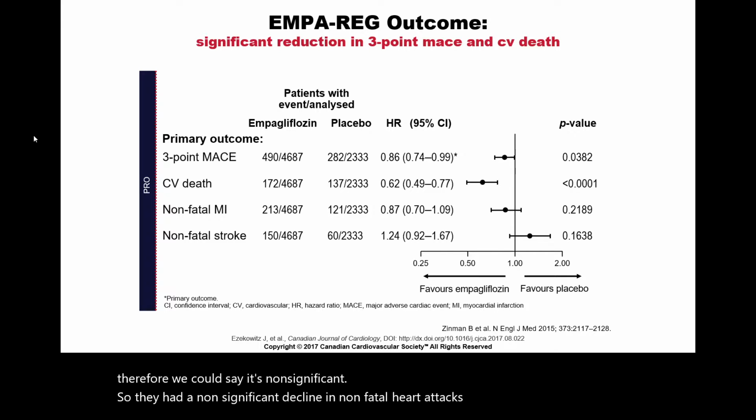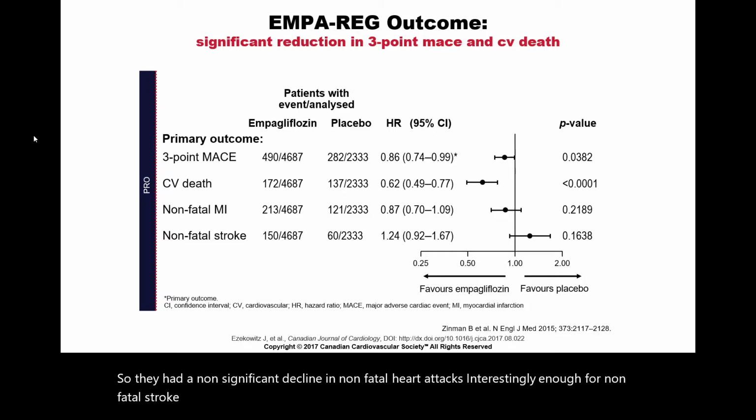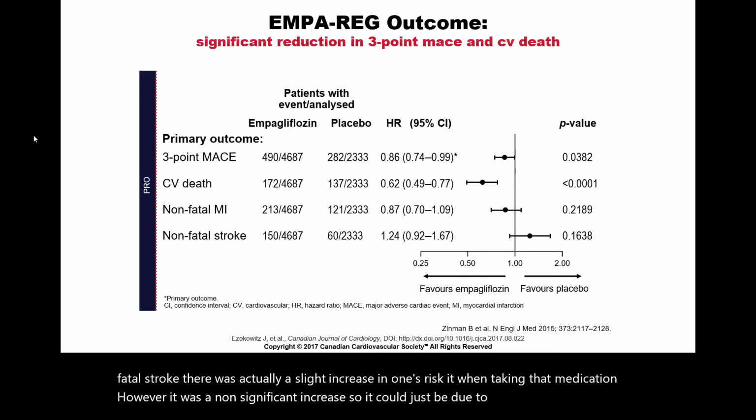Interestingly enough, for non-fatal stroke, there was actually a slight increase in one's risk when taking that medication. However, it was a non-significant increase, so it could just be due to random chance.